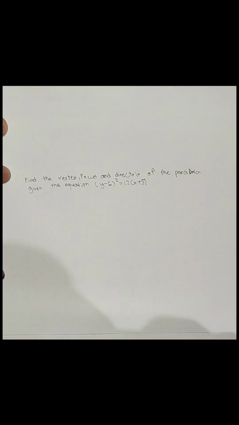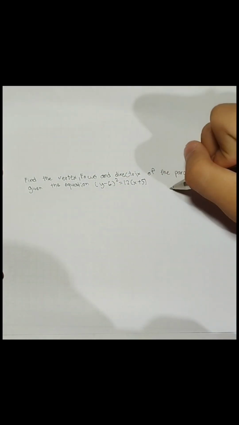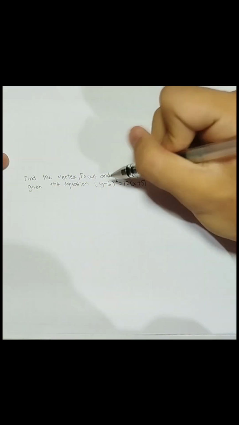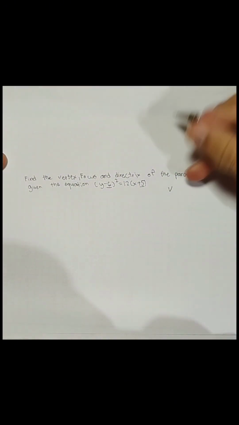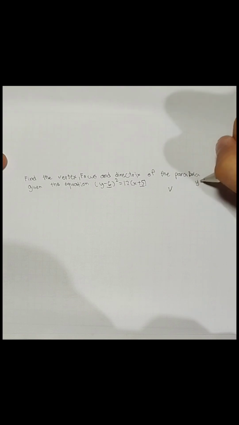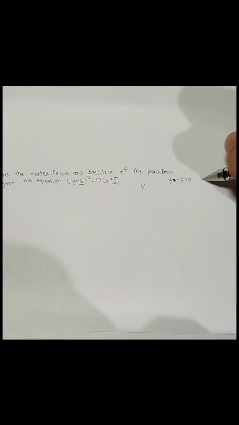First things first, to get our vertex, all you have to do is transpose these two. So y minus 6 is equal to 0, and x plus 5 is equal to 0.